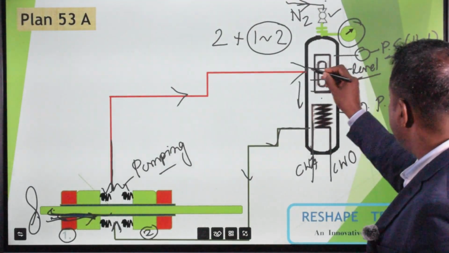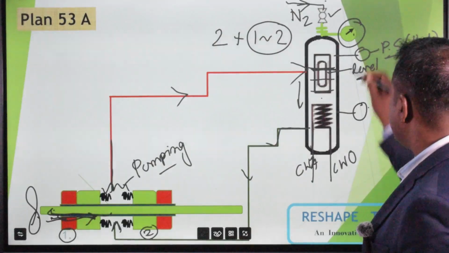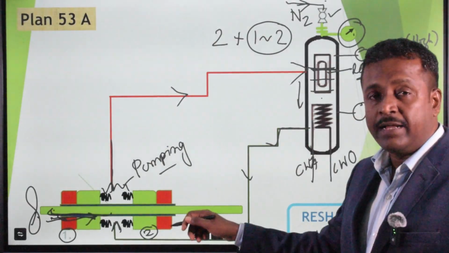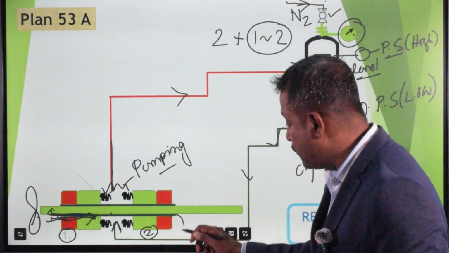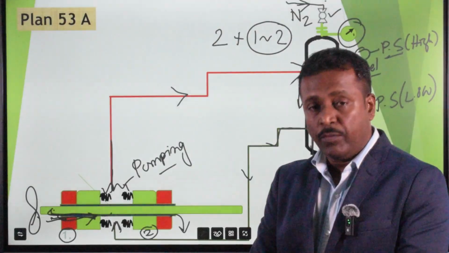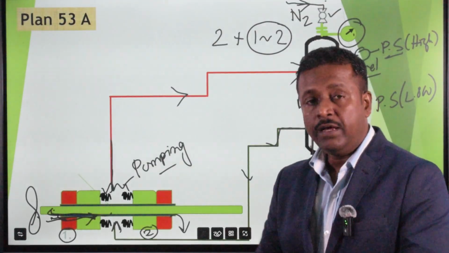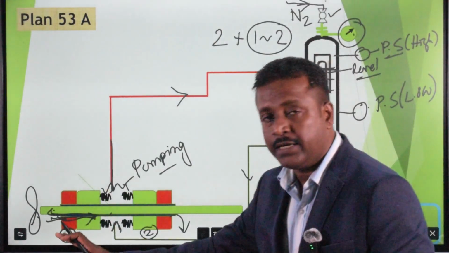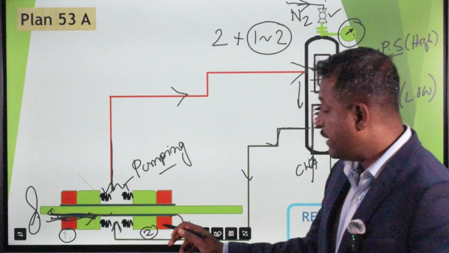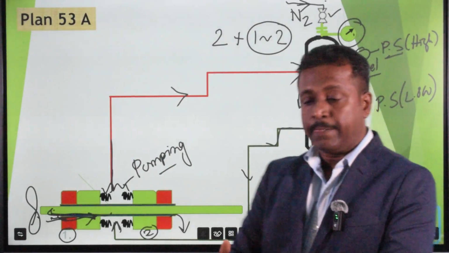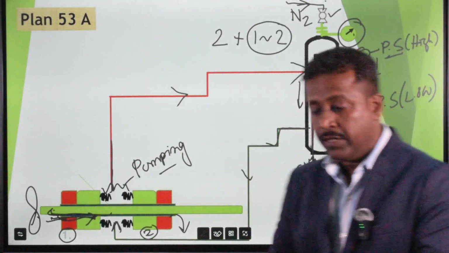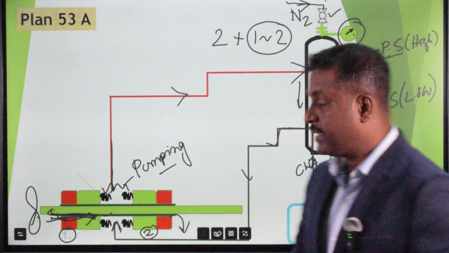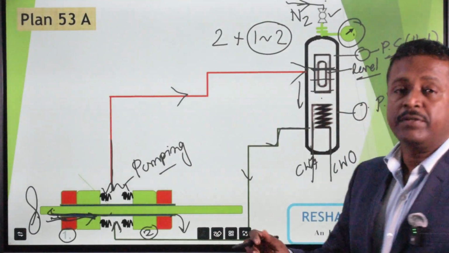The same parameters you will see: your pressure as well as level goes down. But if the secondary seal leaks, you find an accumulation of barrier liquid on the pump base plate. That is the main difference between whether your primary seal or secondary seal is leaking. If the secondary seal is leaking, you find an accumulation of barrier liquid on the pump base, or if the primary seal leaks, only your level and pressure will go down.